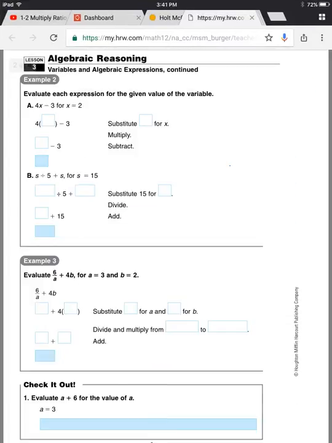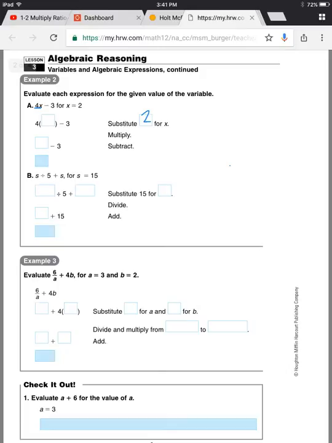Now we have evaluate or find the answer to each expression for the given value of the variable. 4x minus 3, x equals 2. So I am going to substitute 2 for x. And remember how I said put your numbers in parentheses when you substitute because it'll help you next year? Well, it'll help you right now. Okay? So 4, because this 4 and this x are together, it means to multiply.